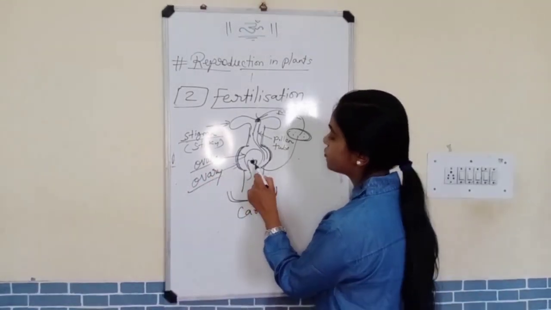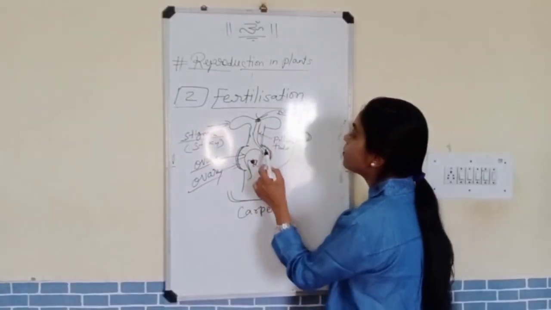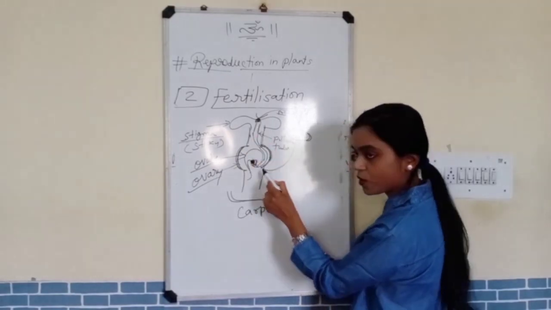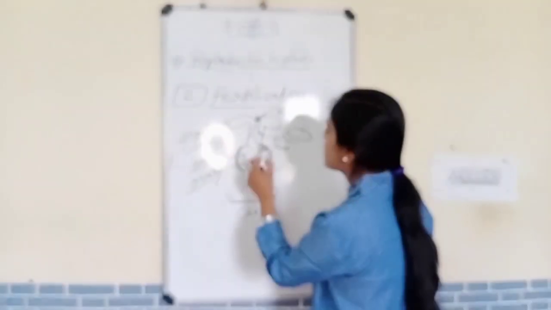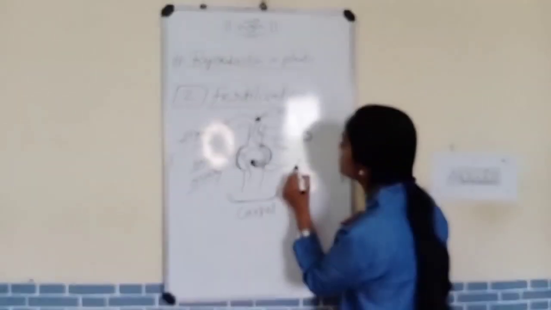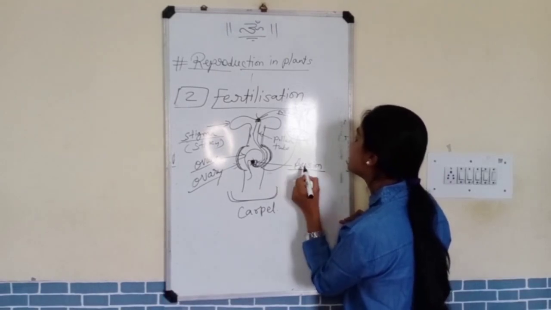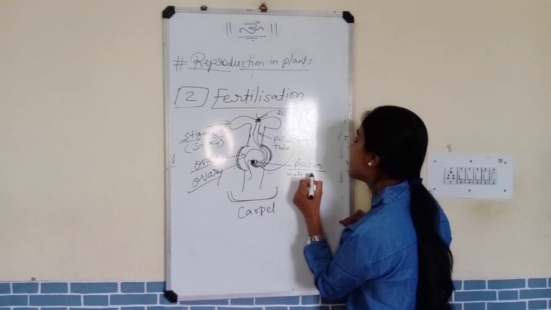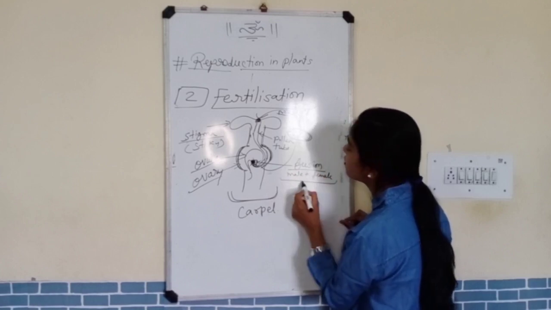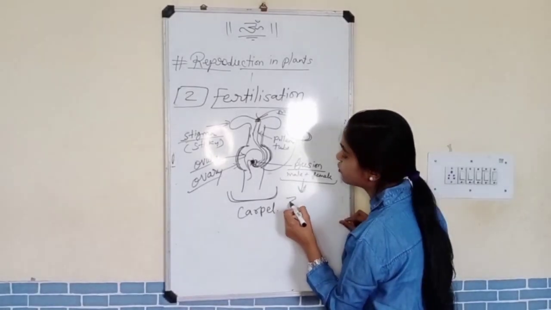Now pollen grains come to the ovule through the pollen tube. So there is fusion between the male cells and the female cells. After the fusion, a combined cell is formed, called the zygote.